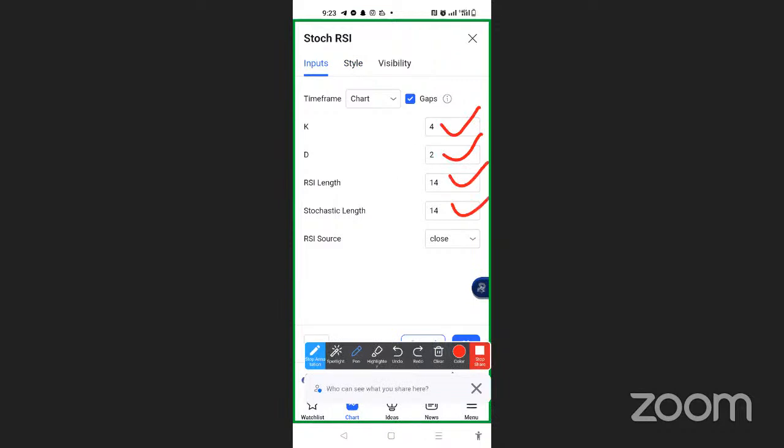So that is the setting of the input side. We now want to go to the area of the style.